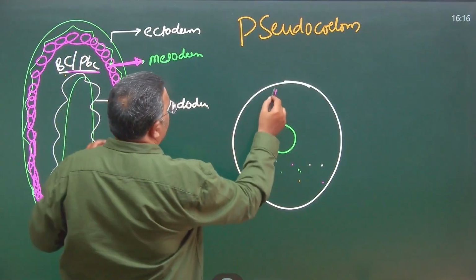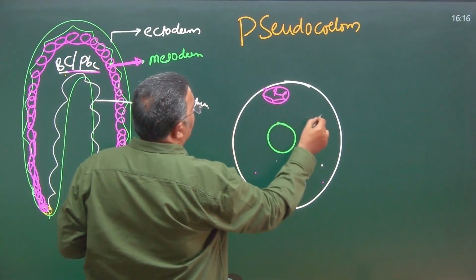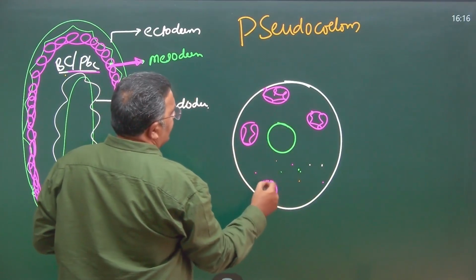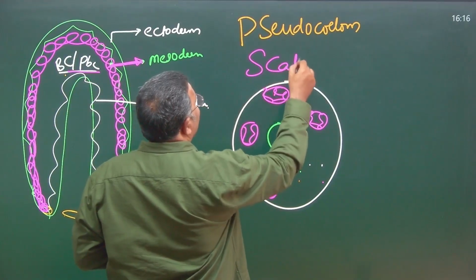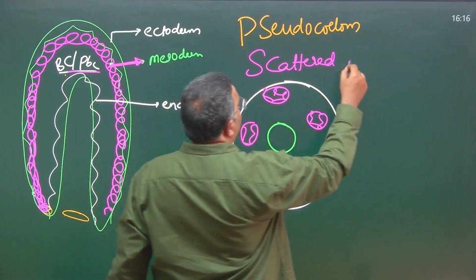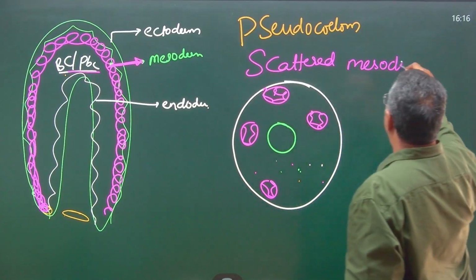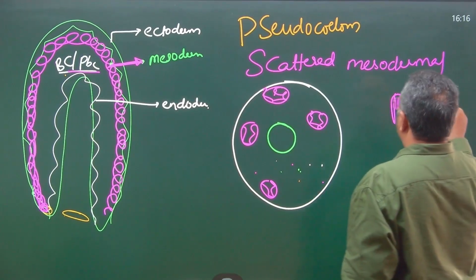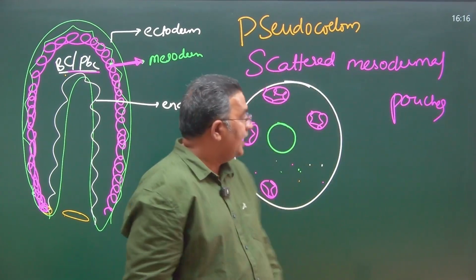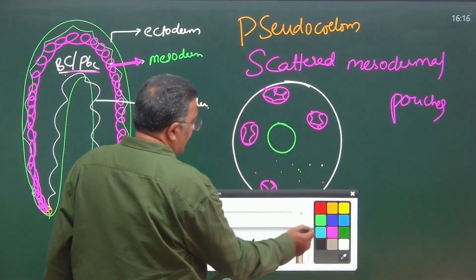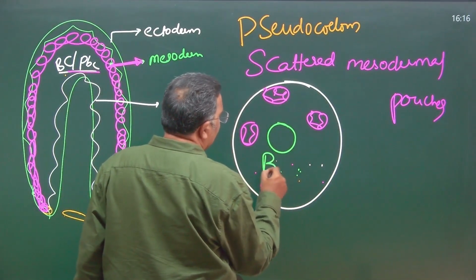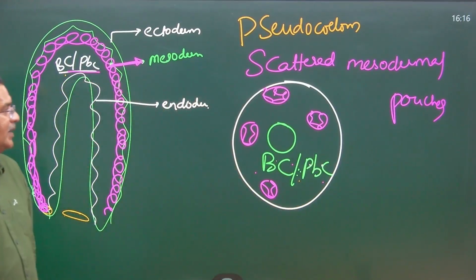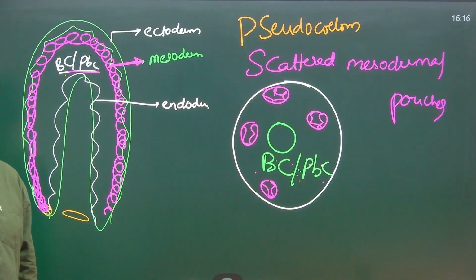Now this particular mesoderm appeared as pouches. We call them scattered mesodermal pouches. And a very important thing here, the cavity still remains. Which cavity? Blastocoel or primary body cavity still remains.